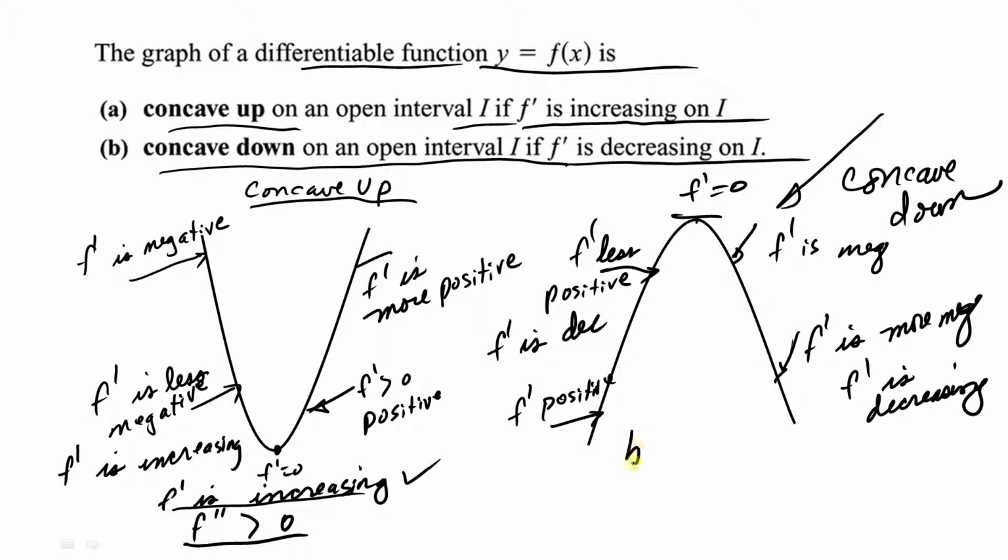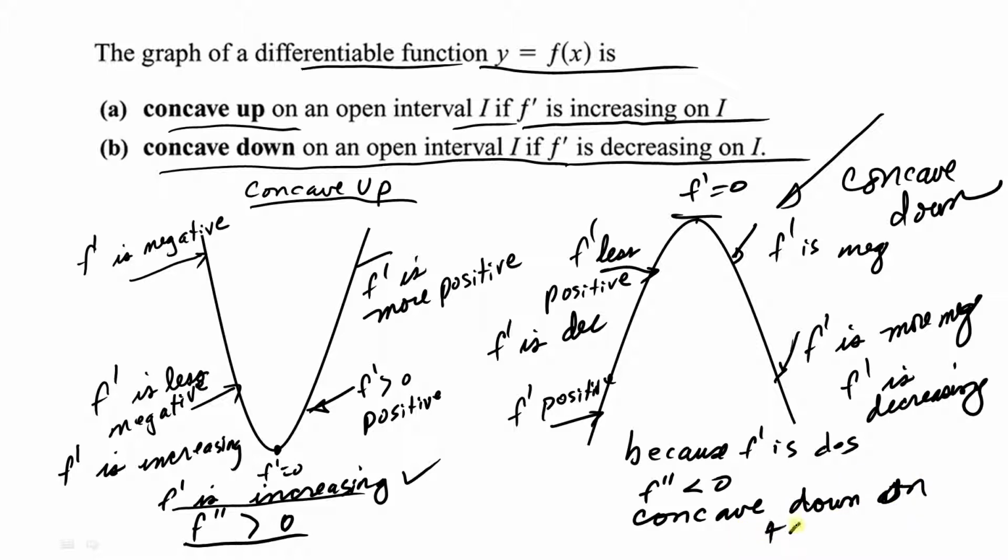So because f prime is decreasing, the second derivative must be less than 0, and that tells us the function is concave down on this interval.